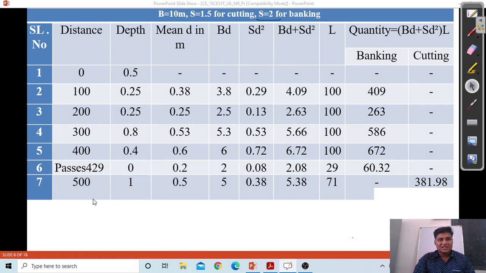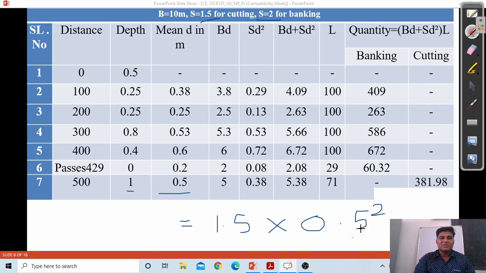Similarly, at 500 meters, the depth is 1, the mean depth is 0.5. Here the slope changes to cutting. Since from here it is cutting, the slope I have to take is 1.5. So 1.5 into 0.5 square, the mean depth, will give me 0.38.